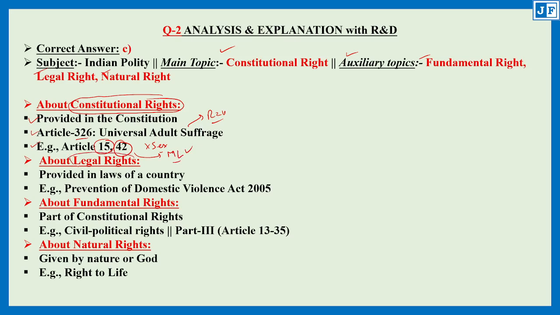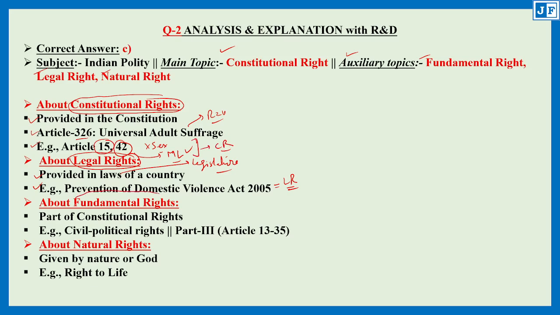In the context of legal rights, these are the rights provided in laws of a country. Who passes the law? Laws are passed by the legislature, for example, Indian Parliament or state legislature. Regarding legal rights, if we come to women's rights again, the Prevention of Domestic Violence Act provides women with legal right, and Article 15 and 42 provide women with constitutional right.